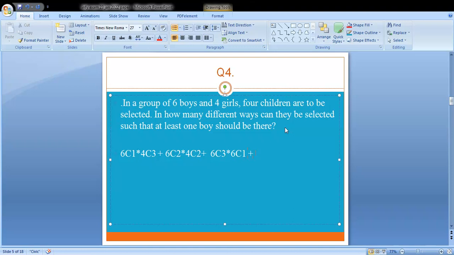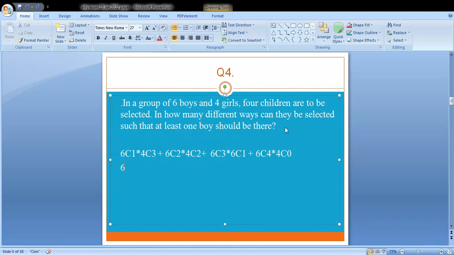Or we can have 4 boys and 0 girls. So here we can have one boy and 3 girls, or 2 boys and 2 girls, because totally 4 we need, or 3 boys and one girl, or 4 boys and 0.